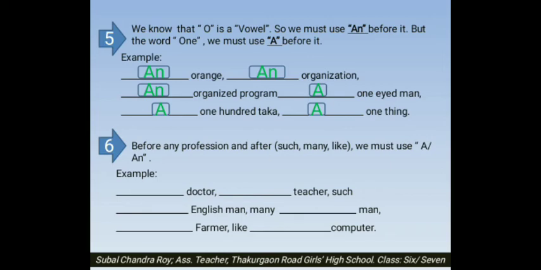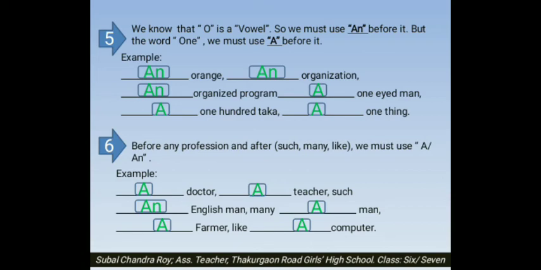So a doctor. Okay, dear student. Teacher, a teacher. Englishman, dash Englishman, an Englishman. Okay, many a man. Okay, dear student. And a farmer like a computer. Like a computer. Okay, dear student.